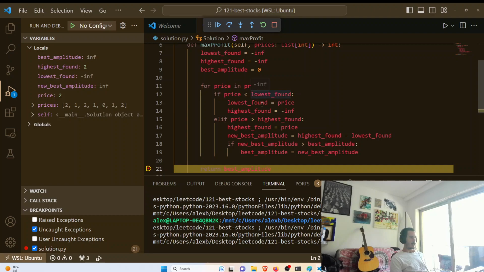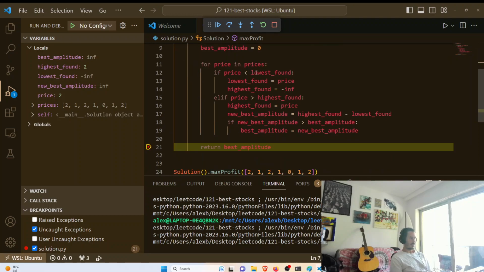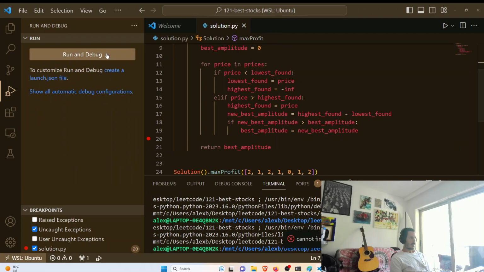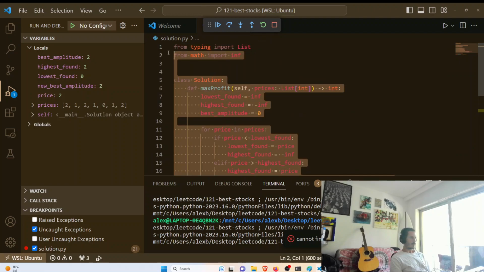Lowest found equals price. Yeah, because we want lowest found to be infinity, not minus infinity. Yeah, let's just run this.